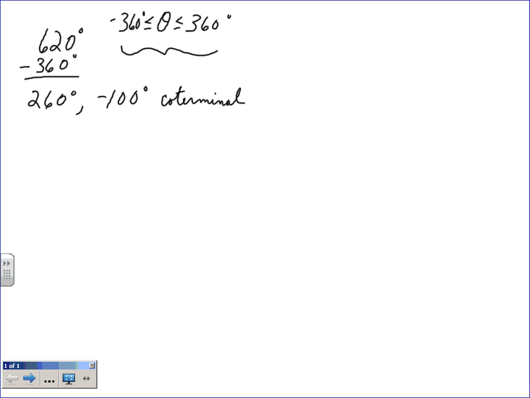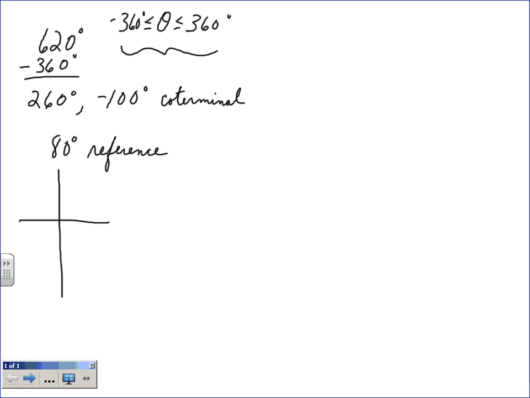All right, so now, what did you guys get for the reference angle? What would you get on this for the reference angle? 80. Very good. So 80 degrees would be the reference angle. And sometimes it's helpful to draw a little sketch and look at 260 degrees.